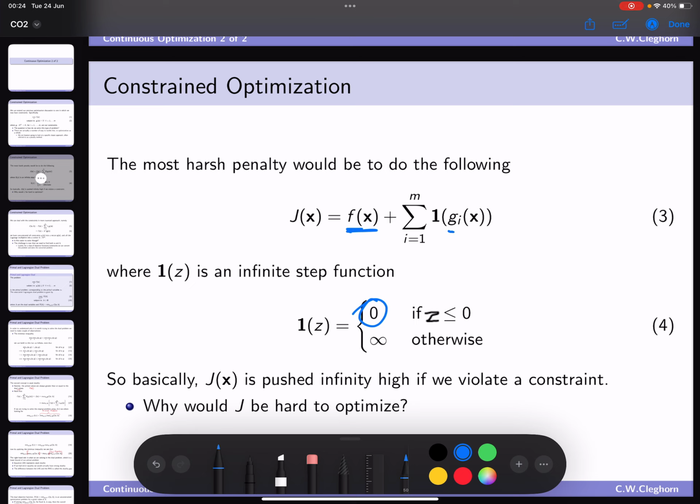If none of these constraints are violated, this sum evaluates to 0. Okay? And in that case, my j of x is free to just be f of x, and I can minimize as you usually would. The problem, though, with this is that if I violate any one constraint, I now output an infinite value.